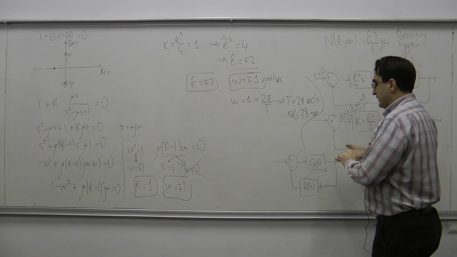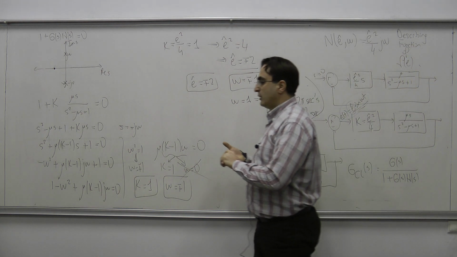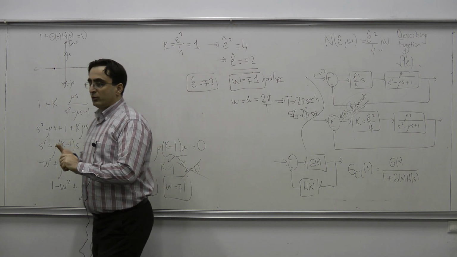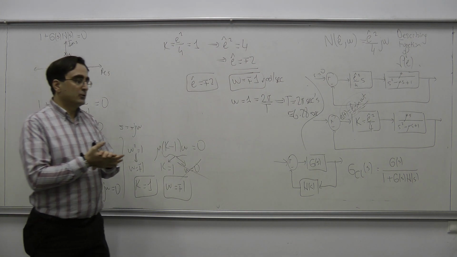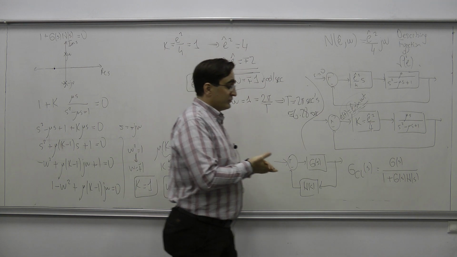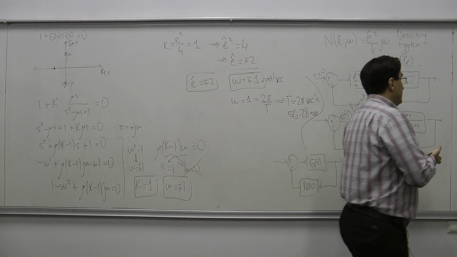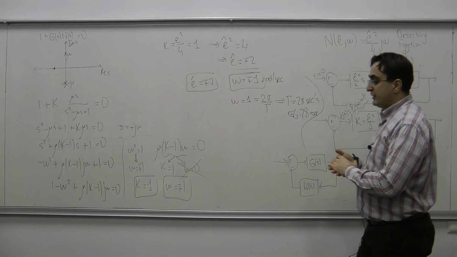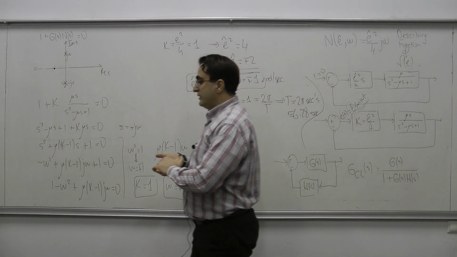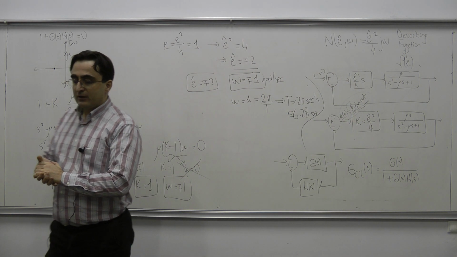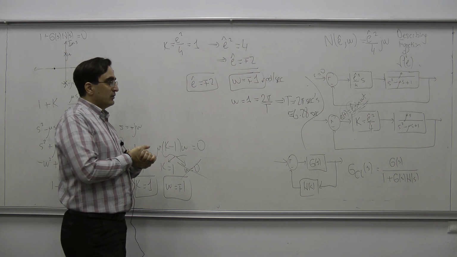What did we do here? We first converted our differential equation into a standard form that is useful for describing function analysis, and then we replaced our nonlinearity with a form of its linearization in frequency domain, which is called the describing function.